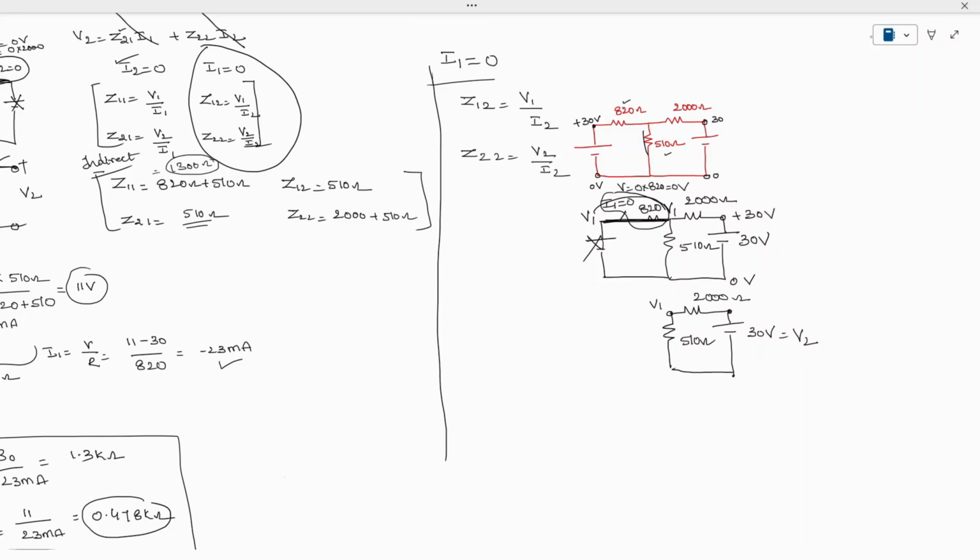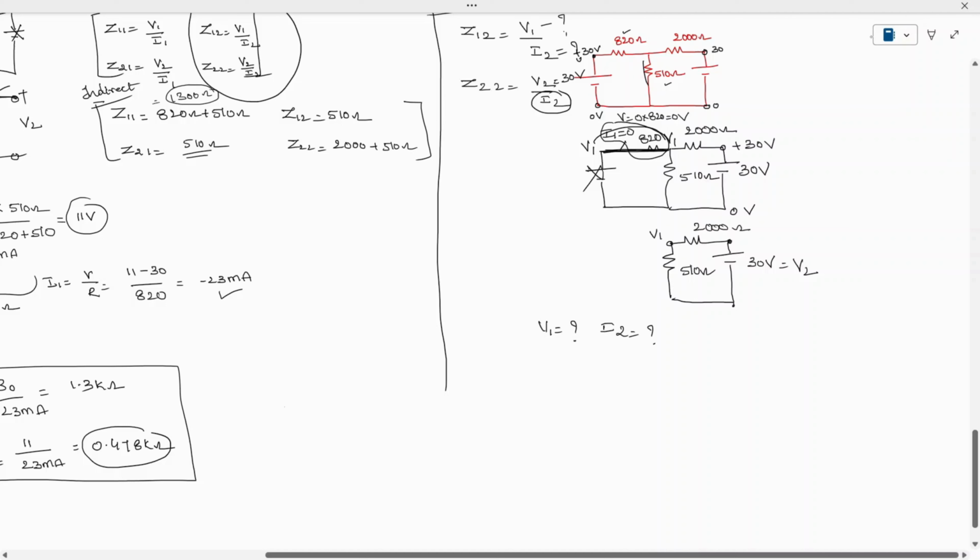Okay, so what are the parameters we need to find out? V2 is already 30 volts. V1 we need to find out, as well as the value of I2.